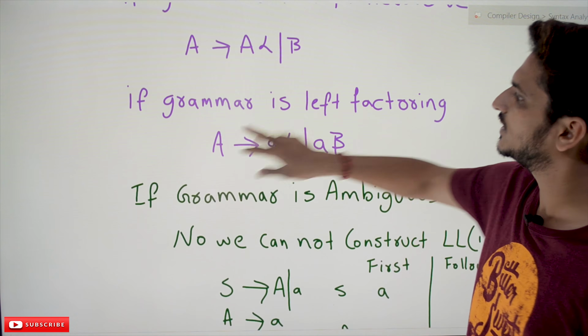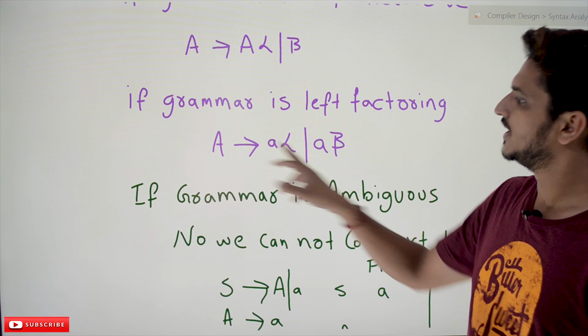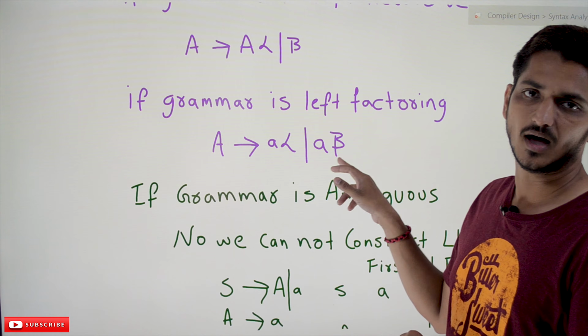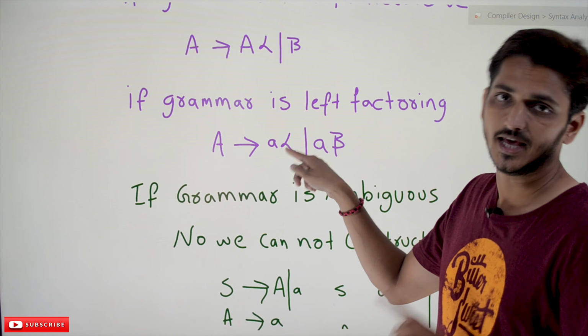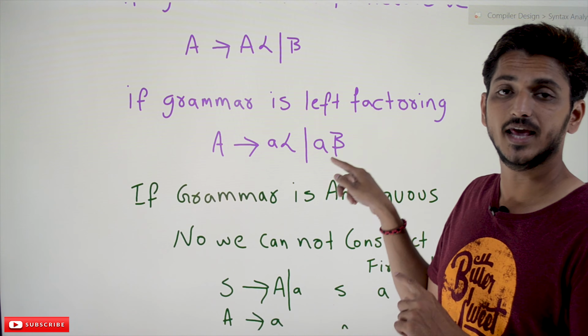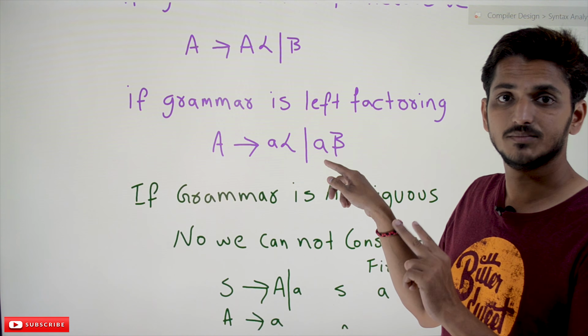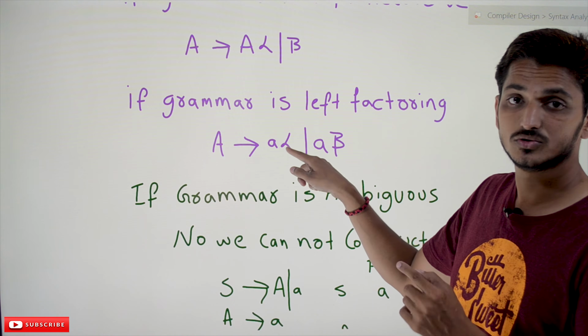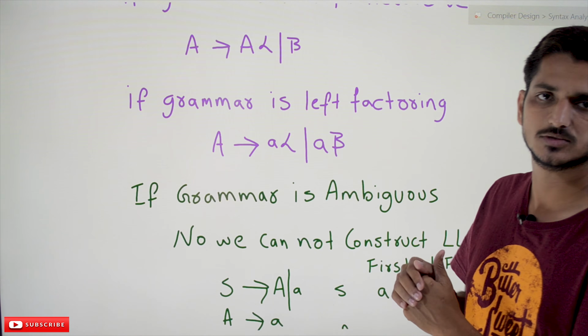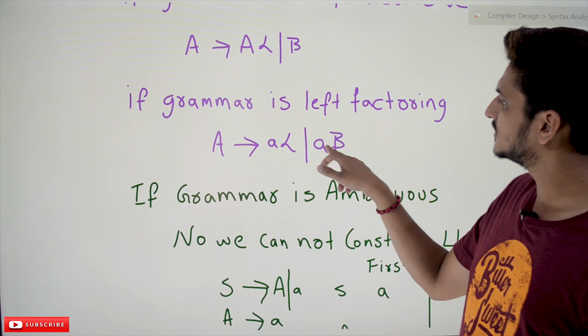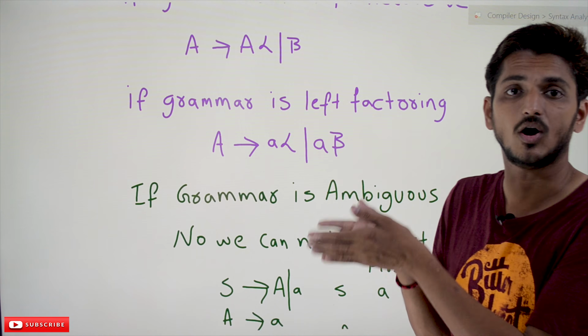Now coming to the next one, if the grammar needs left factoring, A tends to A alpha or A beta. What's the first of this production? First of A alpha means A. First of A beta means A. For the A symbol, A tends to A alpha goes to the block A, small a. The same way, A tends to A beta is also going to the same block.